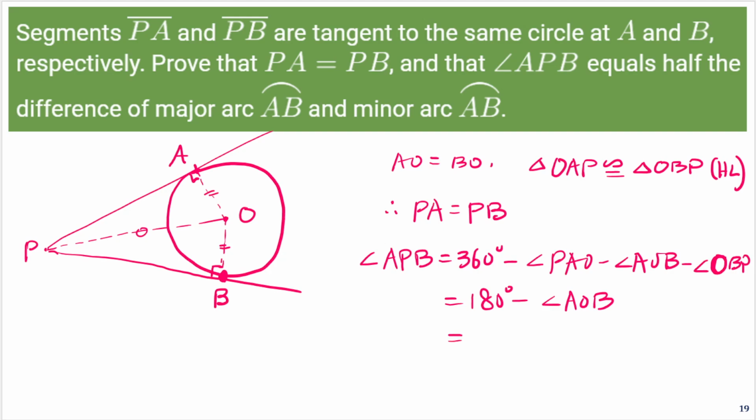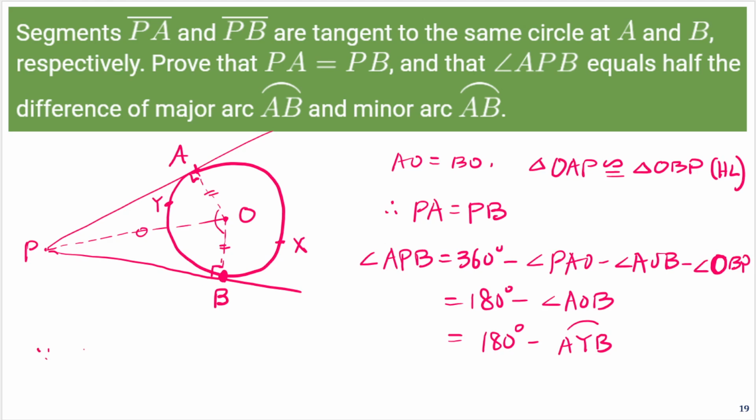Okay, and we know that angle AOB is the central angle corresponding to arc AB, so that equals 180 minus arc AYB, right? So let's suppose there's a point Y here to denote the shorter arc. We use another point to denote the longer arc.